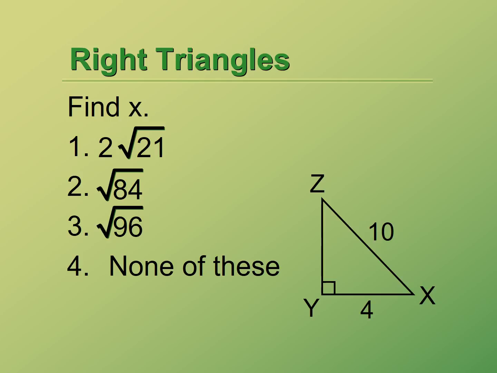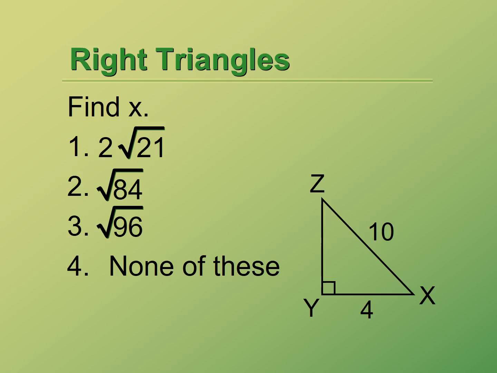So notice that the hypotenuse, the 10, went over where the c goes. So let's see, 4 squared is 16, and 10 squared is 100. And then we'll do 100 minus 16, which is 84. And then that means x squared is equal to 84.